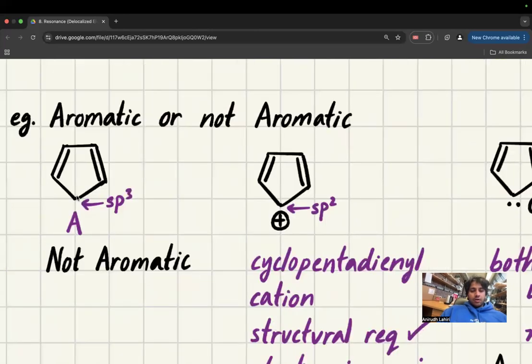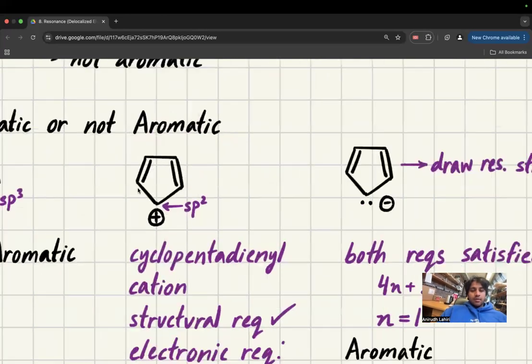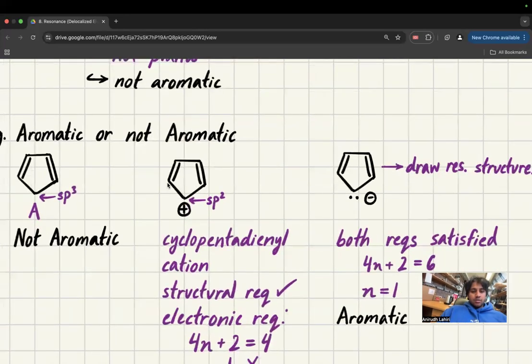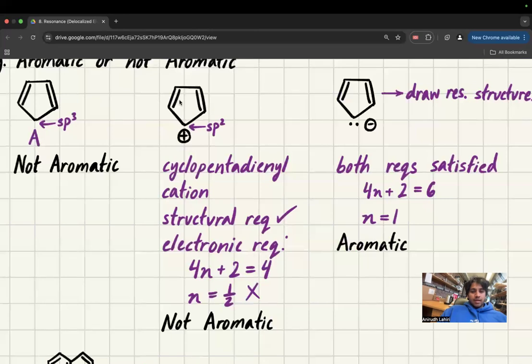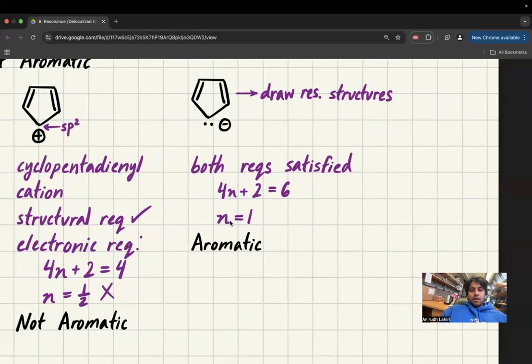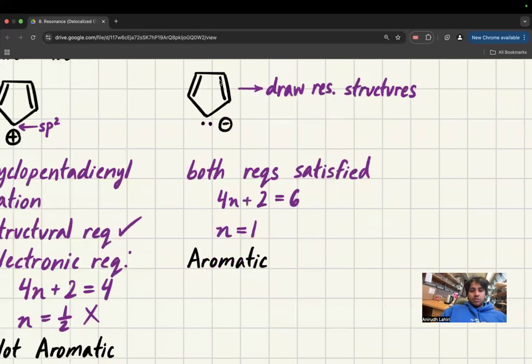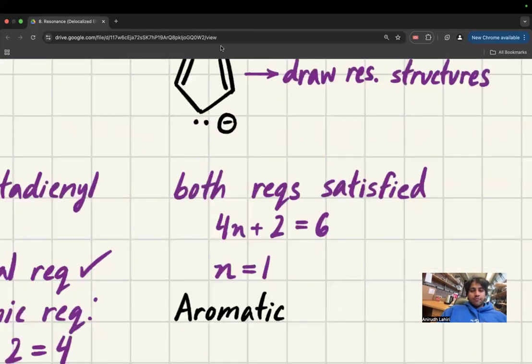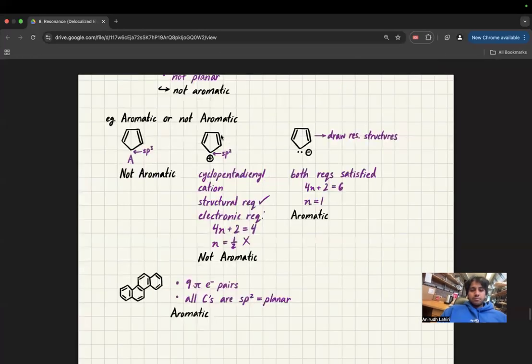We can't move this double bond here because this is an sp3 carbon, and if I move the double bond here, I'd be breaking the octet rule. This is actually a conjugated system, but it has two pairs of electrons, so it's non-aromatic. This is aromatic because it has 1, 2, 3 pairs of electrons, and it's a fully conjugated system. Cool.